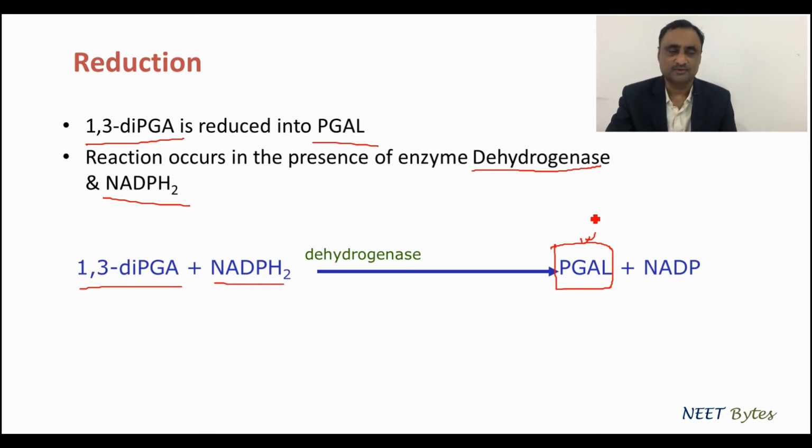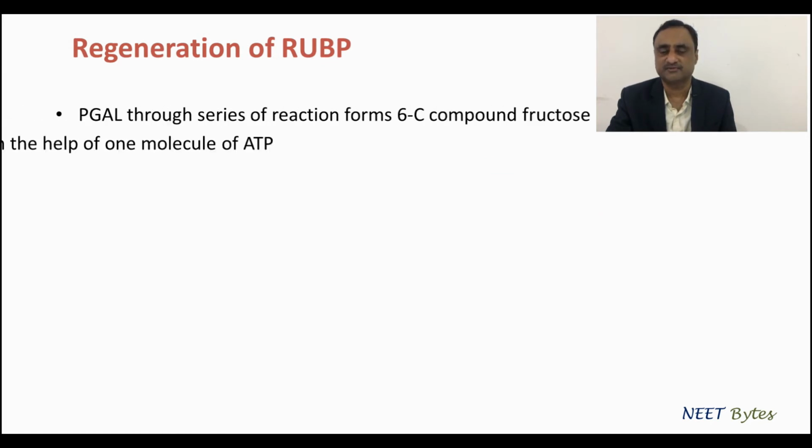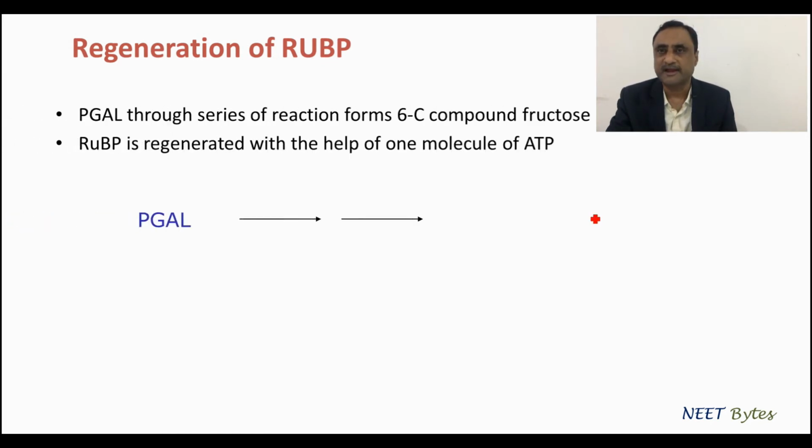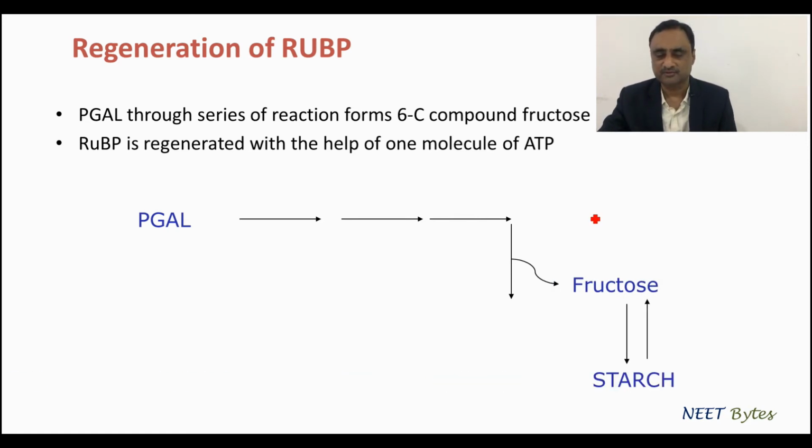Let's see. PGAL, after a series of reactions, forms fructose, and fructose during night gets converted into starch. That is the usual conversion. So we know very well that during day hours it is converted into fructose, and during night hours it is converted into starch. In the process they form another component, RuMP, that is ribulose monophosphate.